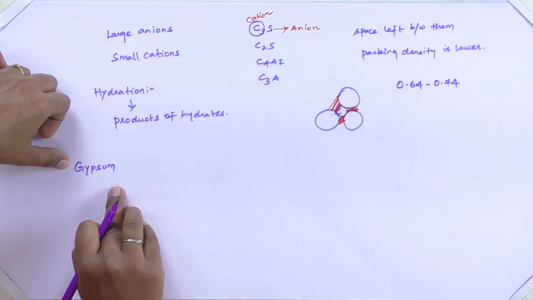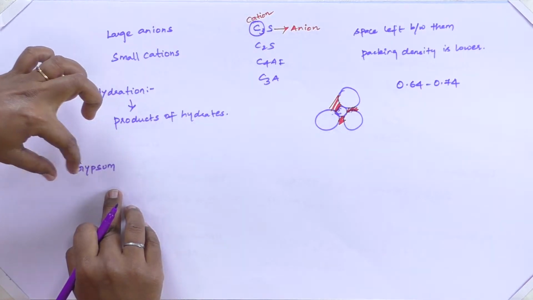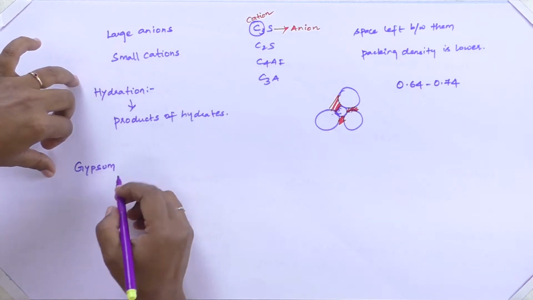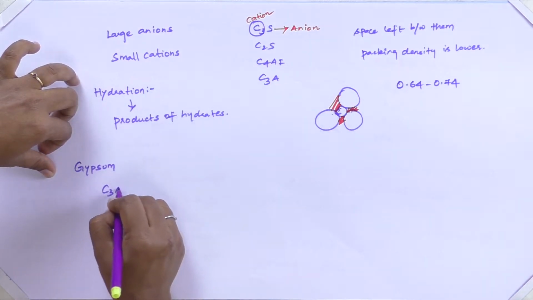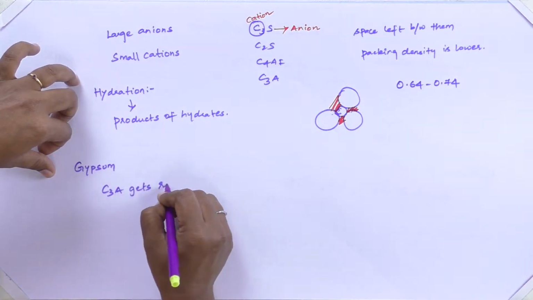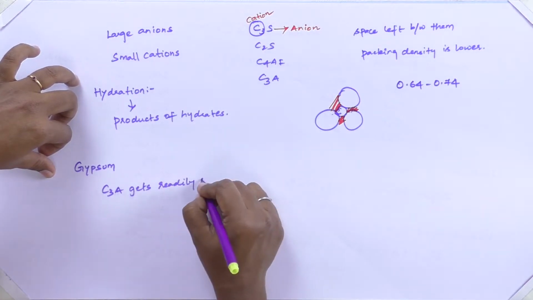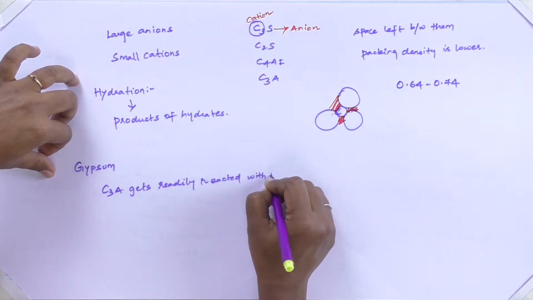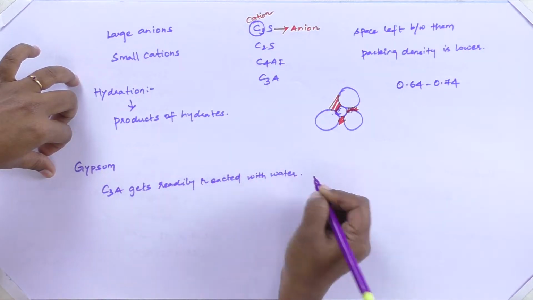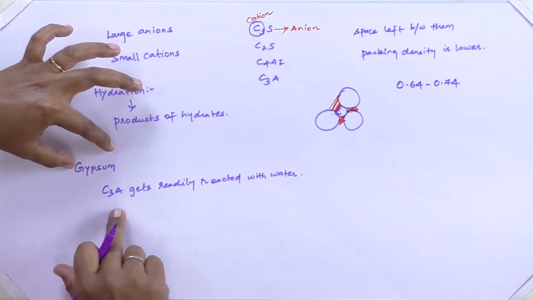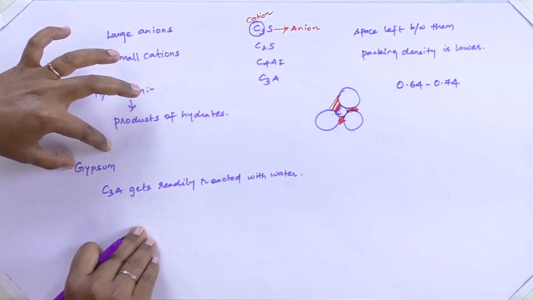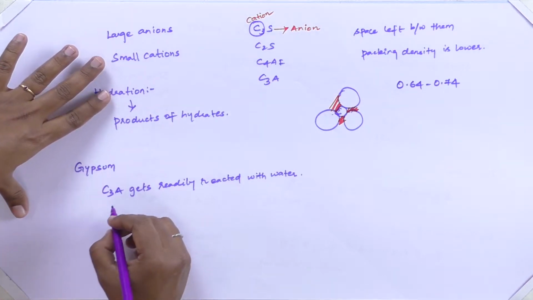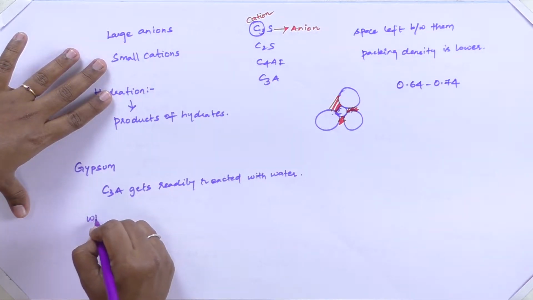If this gypsum is not added to the cement, then this C3A gets readily reacted with water. So this gypsum controls that action.